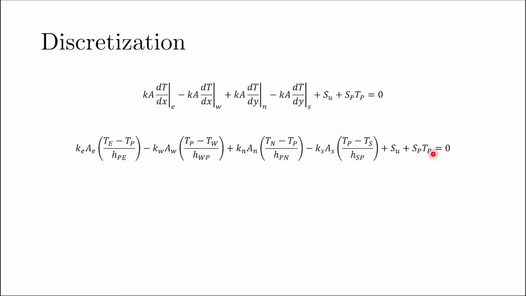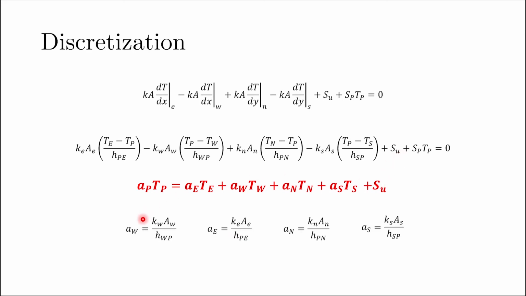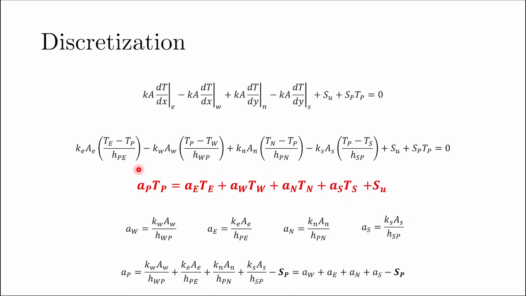Now it is easy to see that we can separate all the variables and get an equation in this APTP kind of form, but the modification is that we have an extra SU appearing on the right-hand side. Just like previously, we have these neighboring coefficients in the form of Ka divided by H, which remain as they are, whereas the coefficient AP, which was previously the sum of the neighboring coefficients, also has some contribution from the SP.